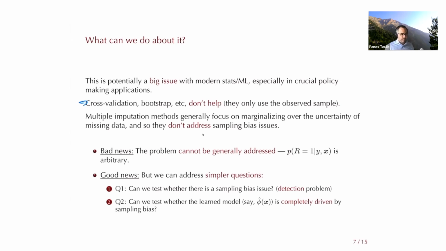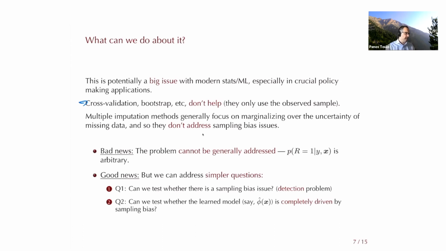There are also multiple imputation methods that, generally speaking, cannot help either because they focus on marginalizing over the uncertainty of missing data. And so they generally don't address sampling bias issues. But potentially they could be refactored, potentially they could be used, but in general, that has not been their primary goal.